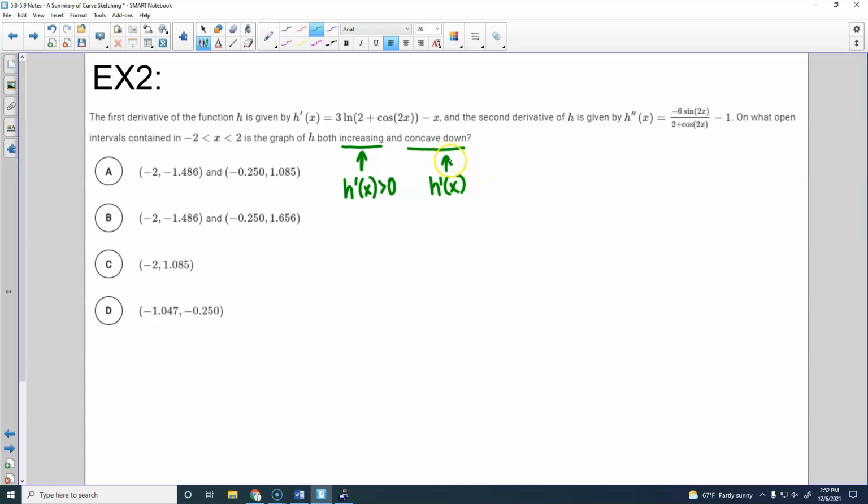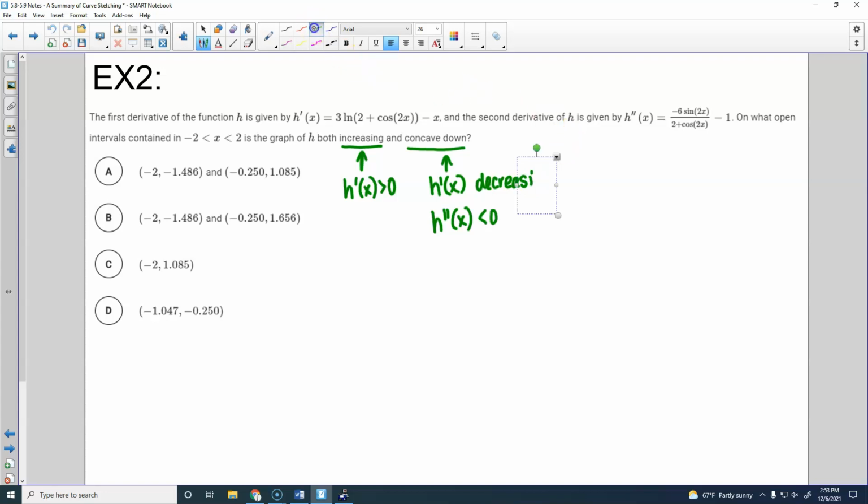A lot of times I typically think about h double prime with concavity. You're exactly right, though, Laura. So I'm just trying to walk it through. So I think about this, it's less than 0. But that means that h prime of x should be decreasing.